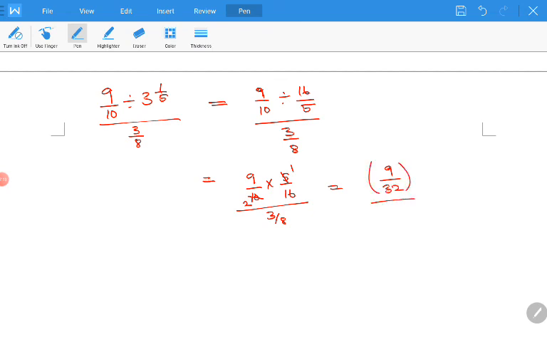This is a fraction divided by 3/8. So I can rewrite this as 9/32 divided by 3/8, which is equals to 9/32 times 8/3.